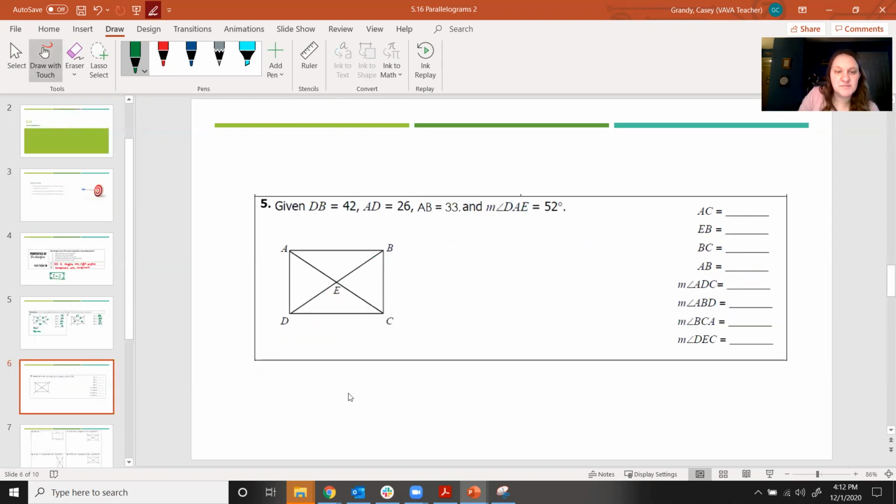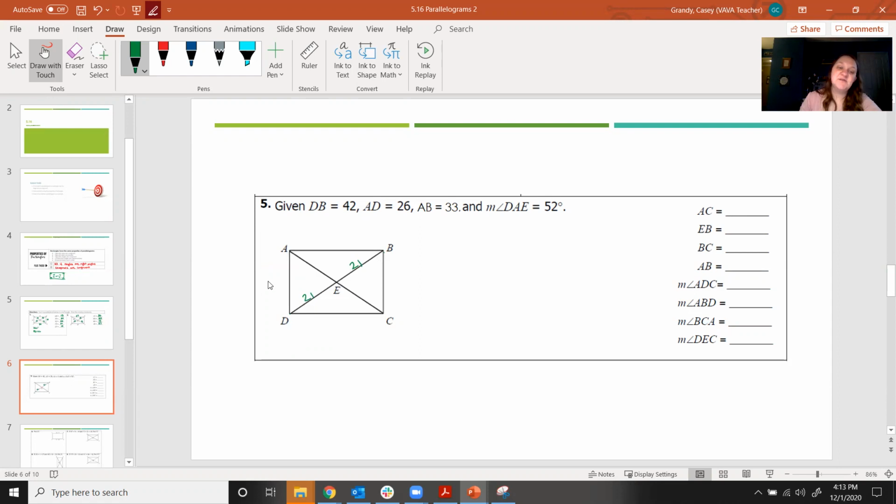In this picture, it's still a rectangle, same directions as the last slide. It says that DB is 42. So from here to here is 42. Because it has all the properties of a parallelogram, I know that E is the bisector or midpoint of BD. So ED is 21 and BE is 21.